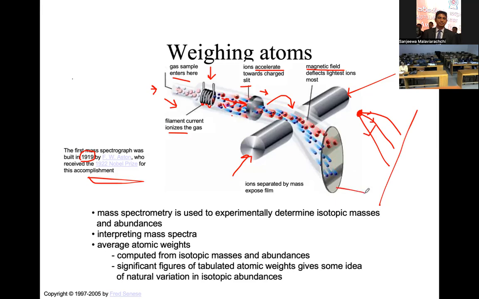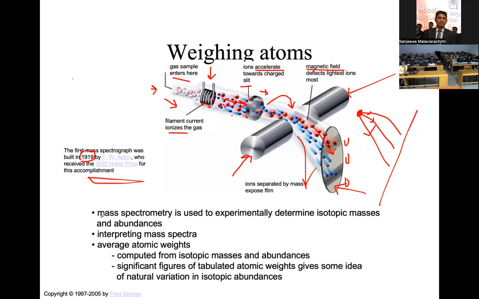Then they hit the detector here, and the Faraday cups that I mentioned will be placed somewhere here in different places. The heavier ones divert more, the lighter ones go somewhere else, depending on the mass.